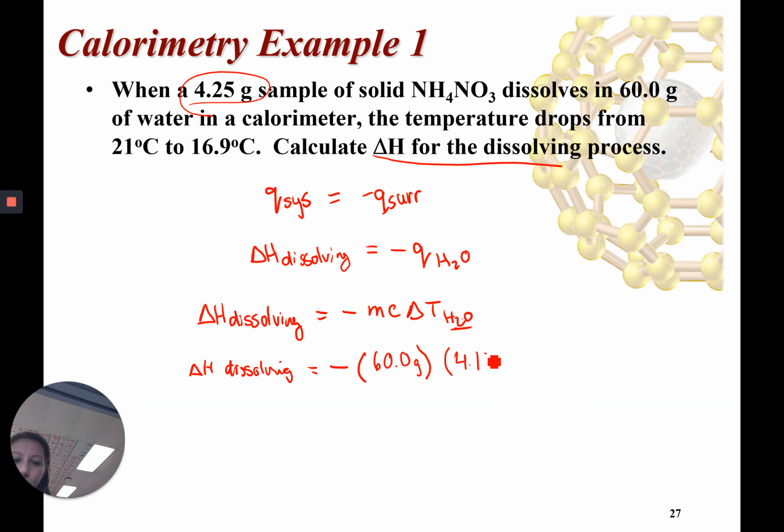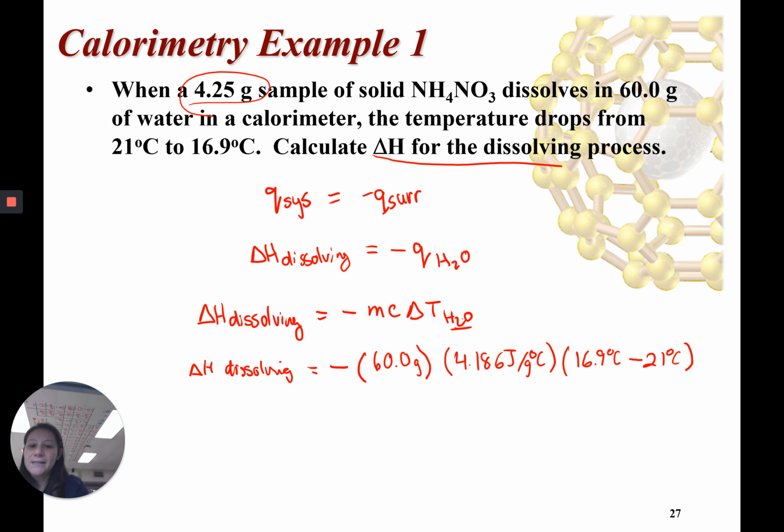C for water is 4.186 joules per gram Celsius. Delta T for water is final, so 16.9 Celsius minus initial, which is 21 Celsius. That's going to give you Q of the dissolving. Looks like my temperature went down, so that means my system is endothermic. So delta H for dissolving should be a positive value. Let's check.